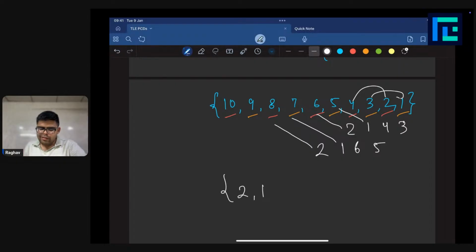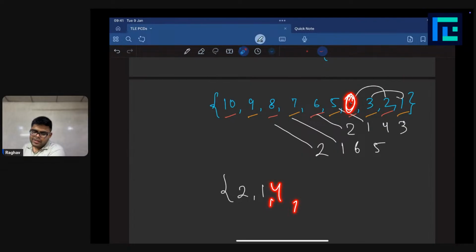And coincidentally, one might also come at the front if you had applied operations in this way. But even if it is not at the front, you can just keep on applying the operations in the same way to bring one at the front, then bring the second smallest, that is 4, to the front, then the second smallest of the orange, that is 3, to the front, and so on.